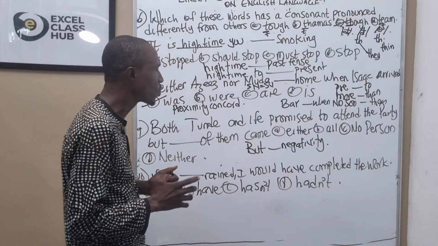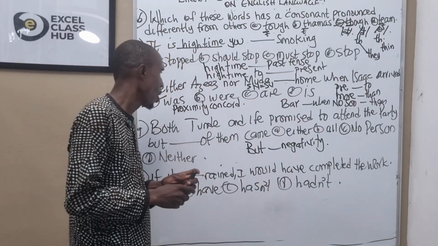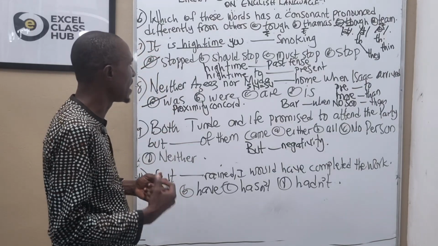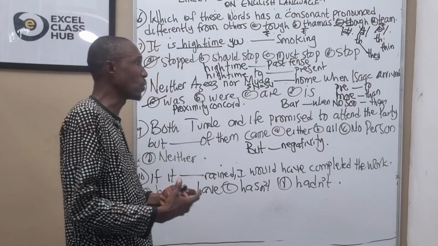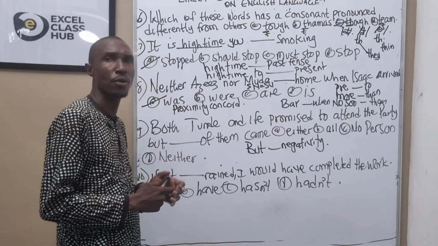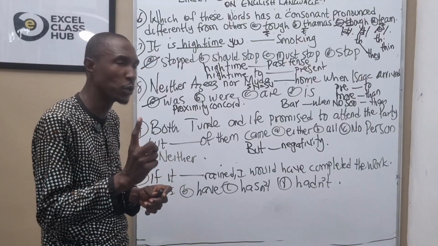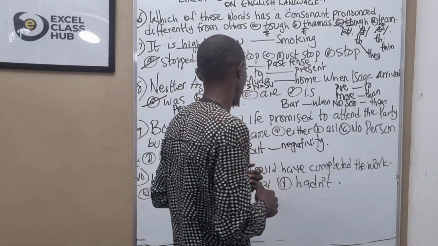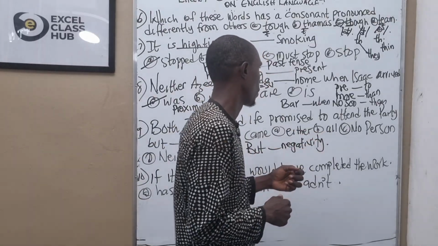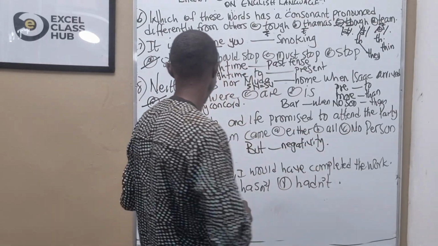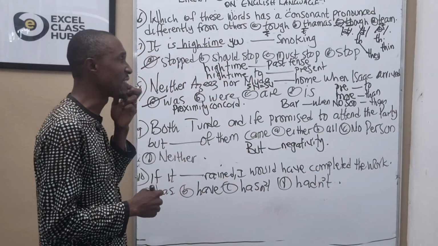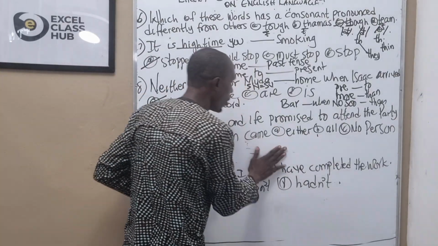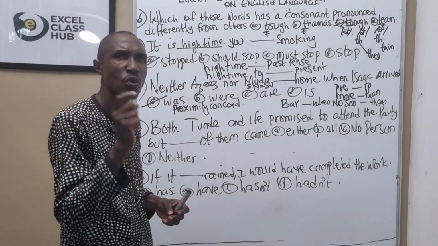We are expecting Tunde and Ife in a particular place, but we did not see both of them. The options here say either, all, no person, neither. In this option, neither connotes that both of them did not come.